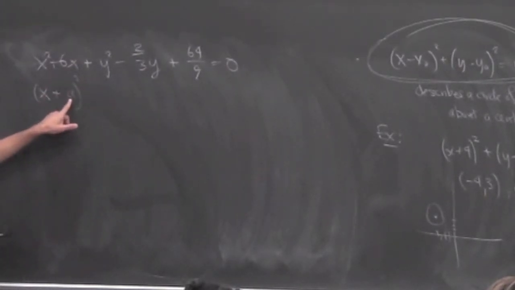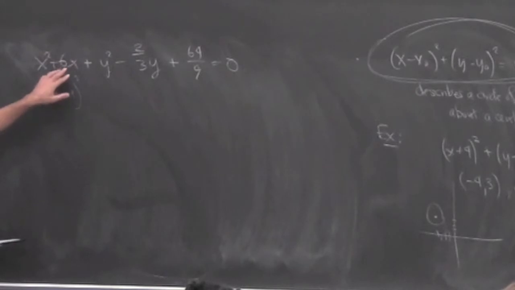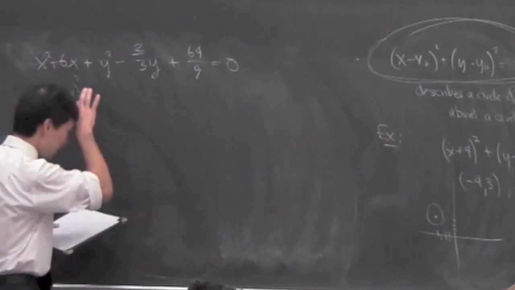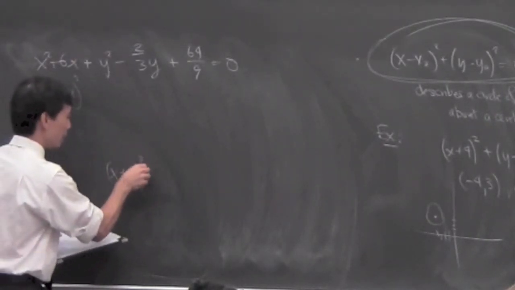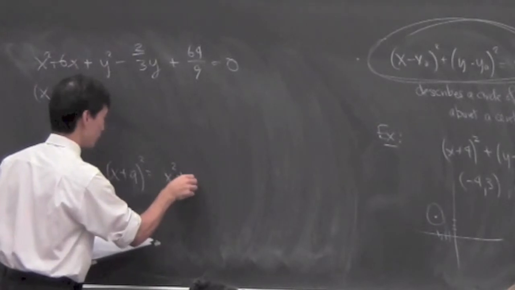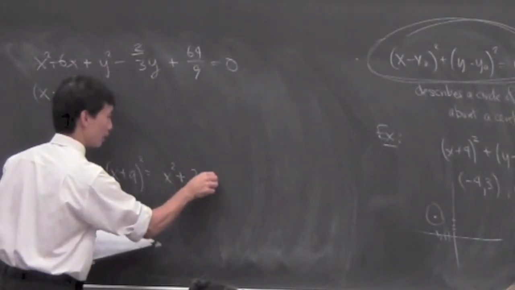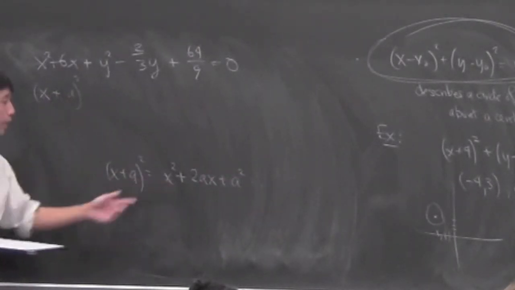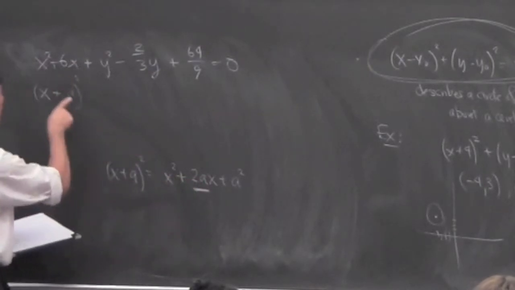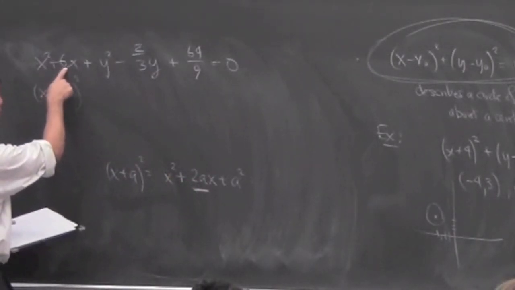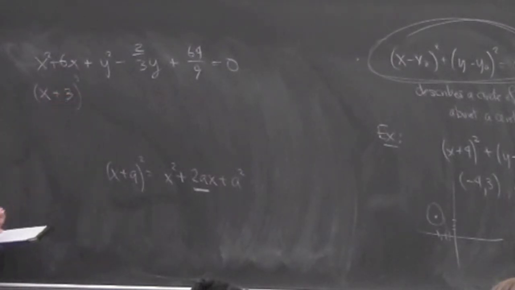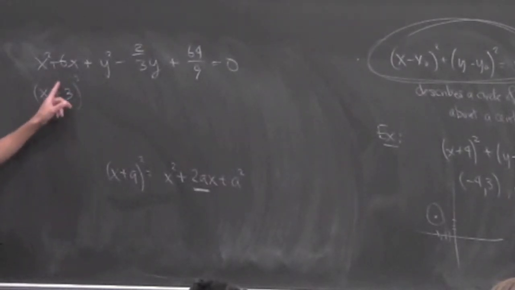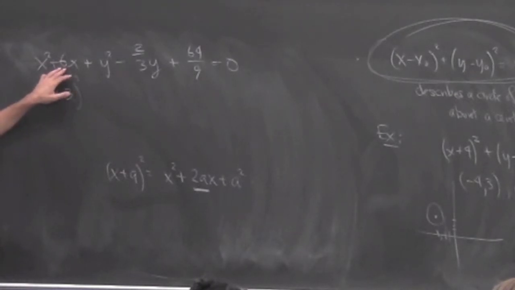So you think, what should that something be if I've got 6 here? x plus that something squared is going to be x^2 + 2ax + a^2. And then you think, okay, so the 2a is 6, so my a is 3. In other words, I take half of the coefficient on the x.